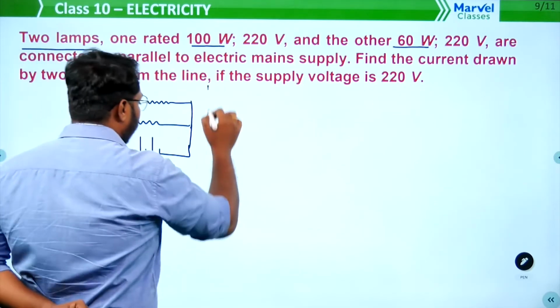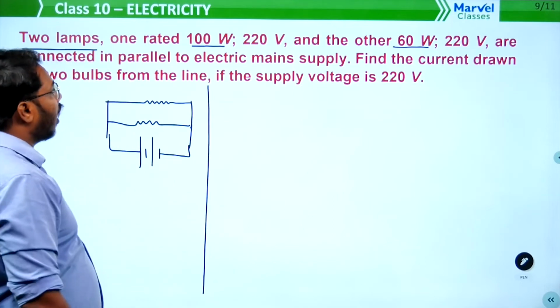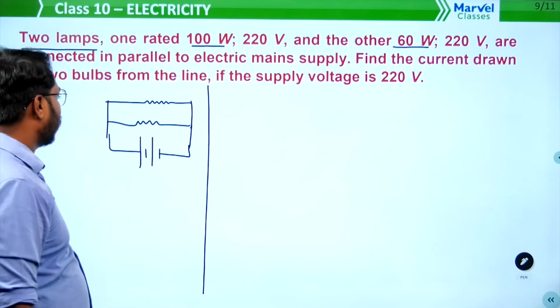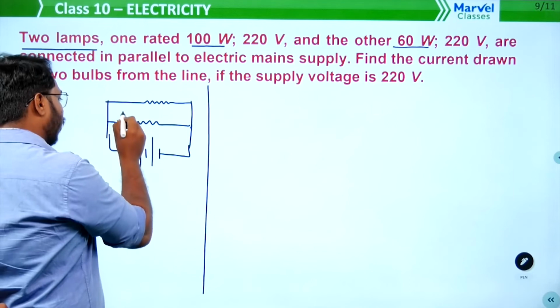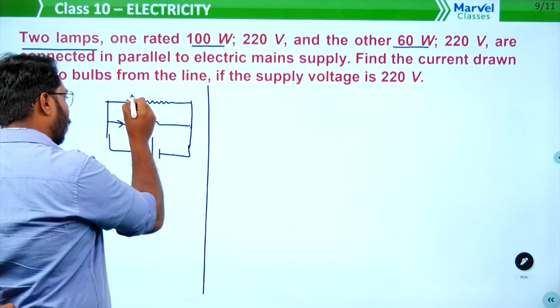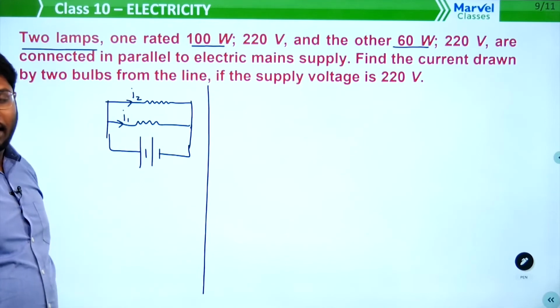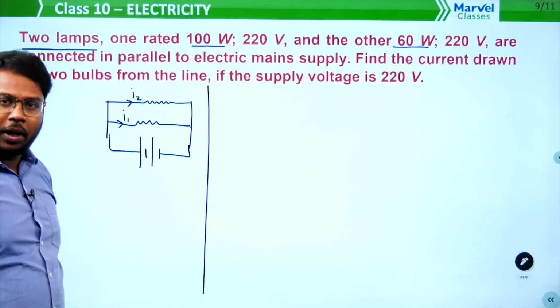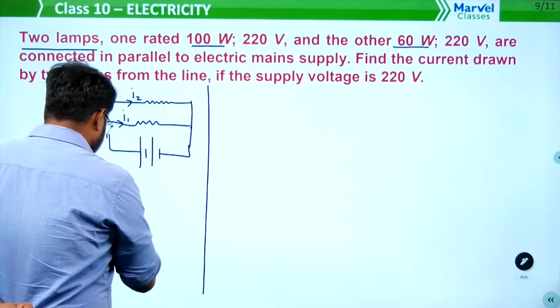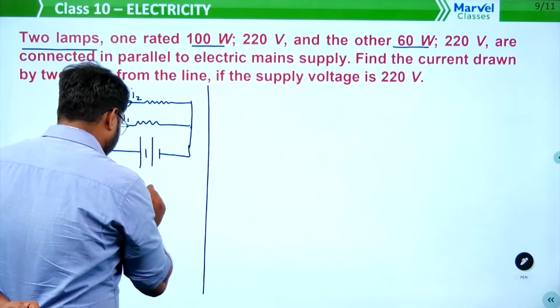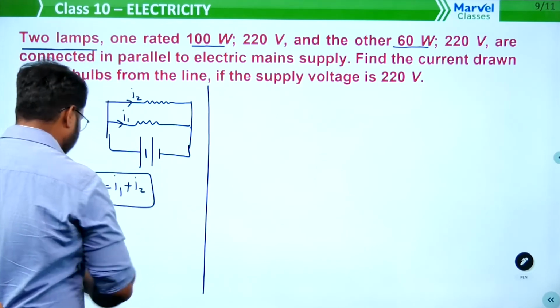So what I do is, I accordingly make some changes. I know that when two components are connected in parallel, the current through those components will be different. So the total current is nothing but the sum of the individual currents.